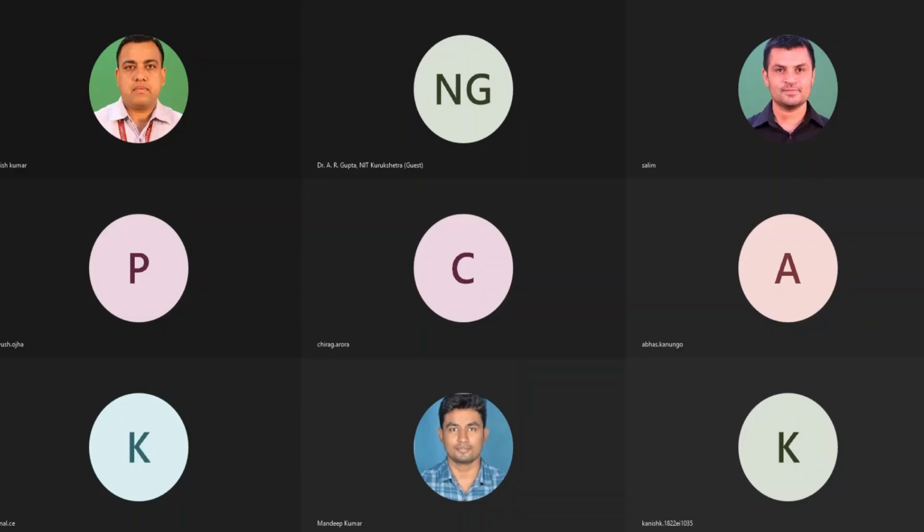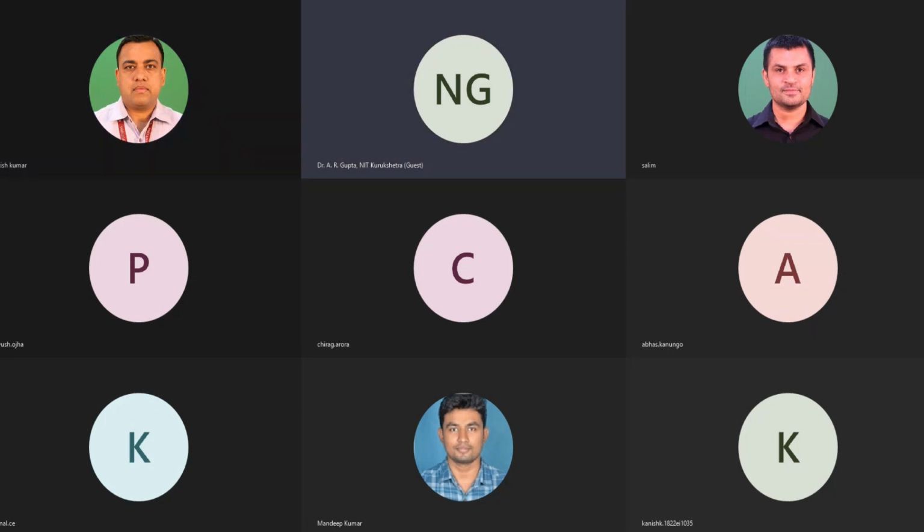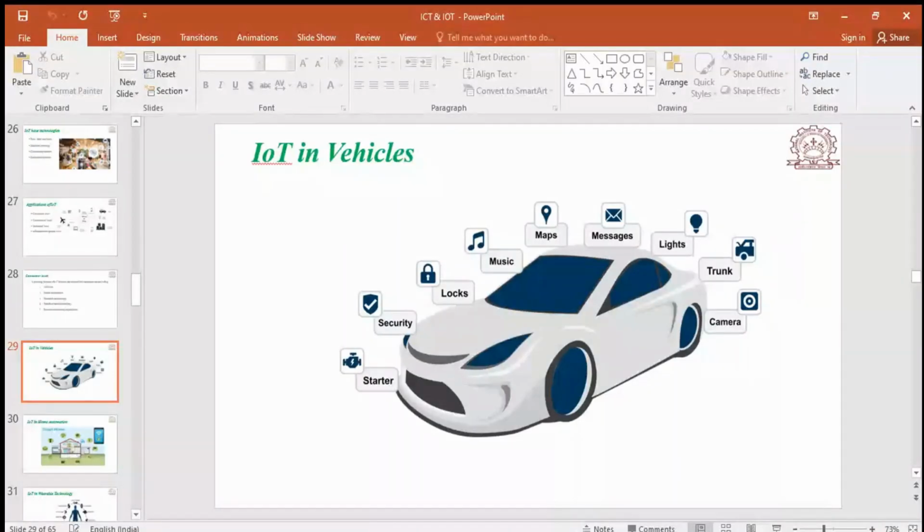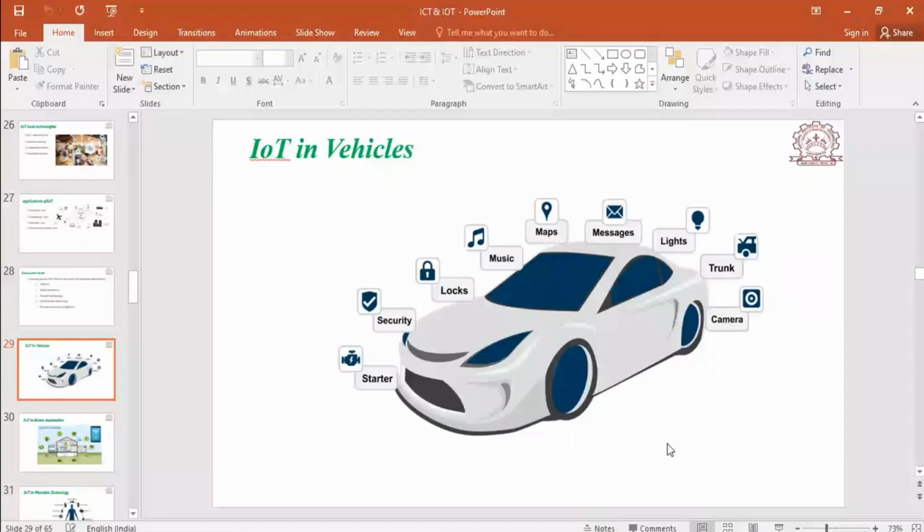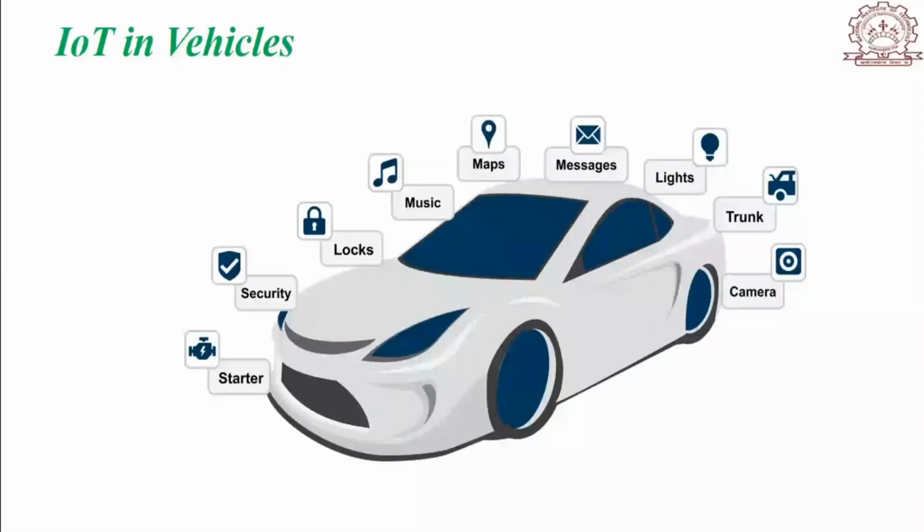Maybe some network issue. Dr. Satish, can you confirm whether it is visible now? Yes, now it is visible. Okay, thank you. Interrupt me whenever any problem is there.